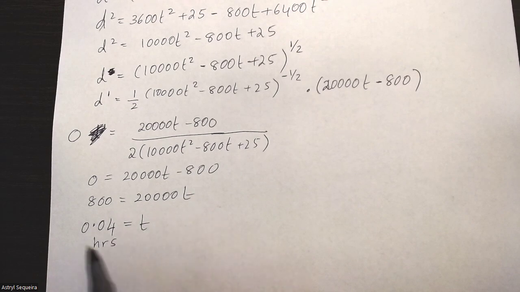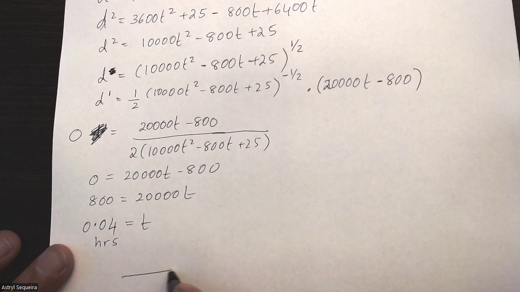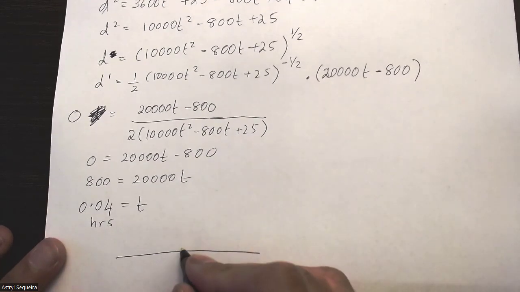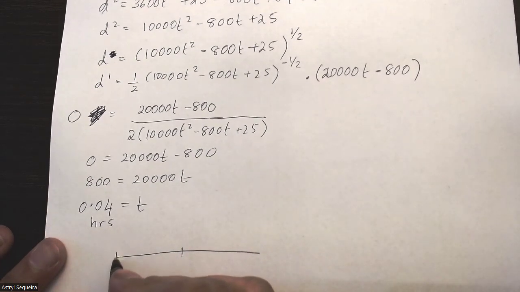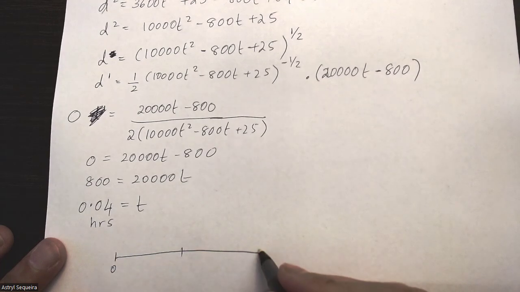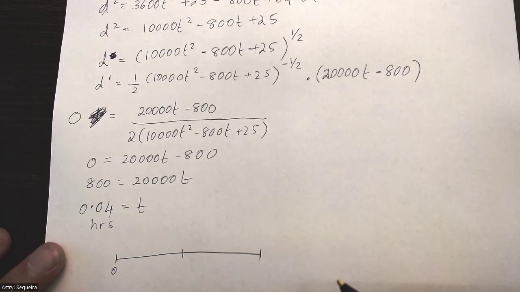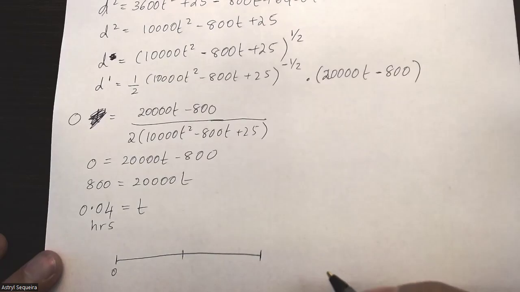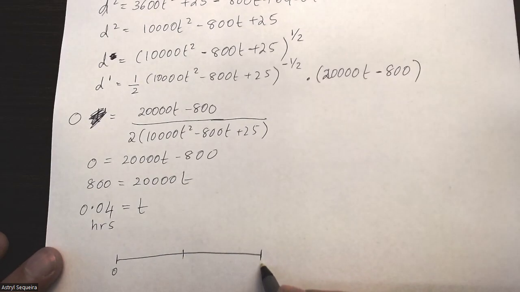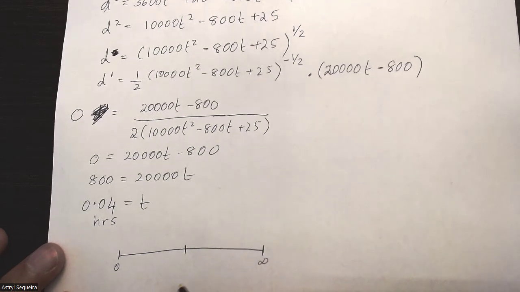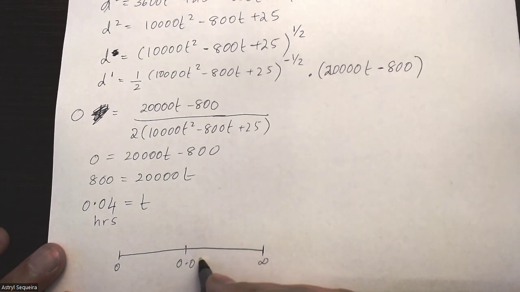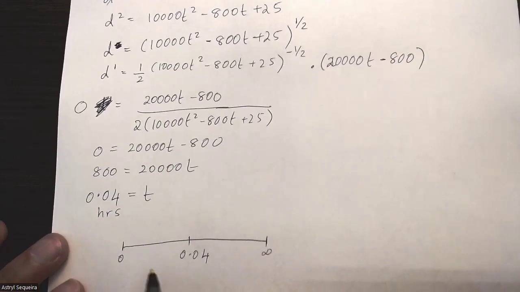So now I have to prove that this is a minimum right here. There's a couple of different ways to do it. I'm just going to use a number line to prove it over here. So my minimum possible value over here is 0. I guess my maximum, I just put it as infinity. It doesn't really matter in this question. I'll put my critical point over here.